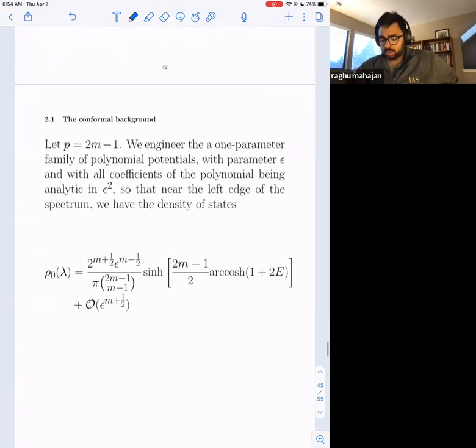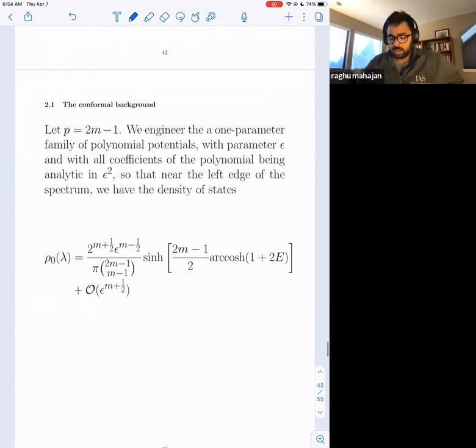And one of the results in that literature is that you have to tune the potential so that the density of states looks like this. It's some sinh of arccosh of 1 plus 2 times the energy. So one has to fine tune the potential so that you land on this density of states.